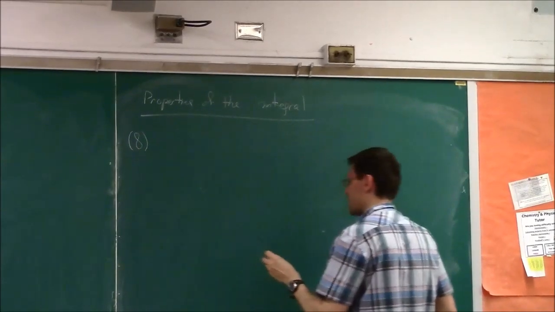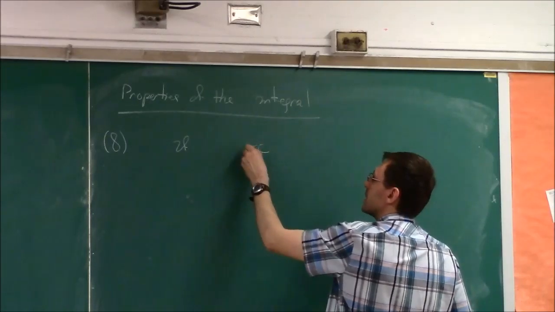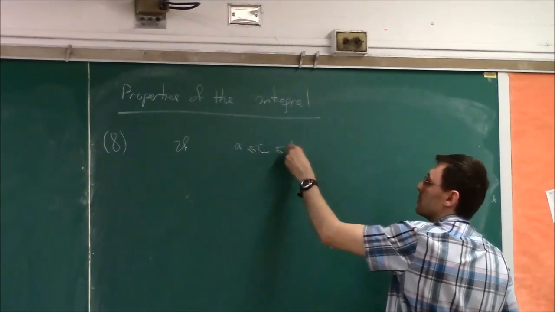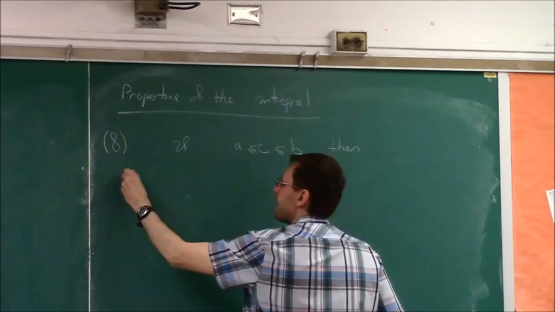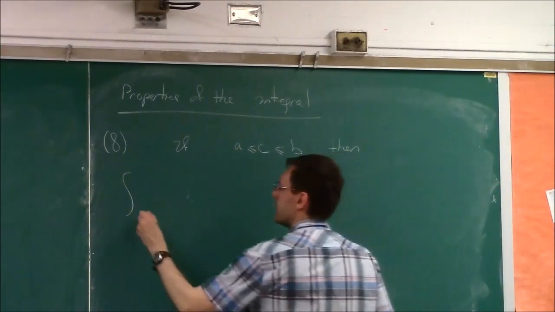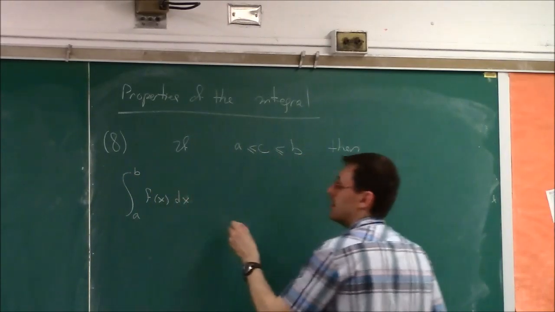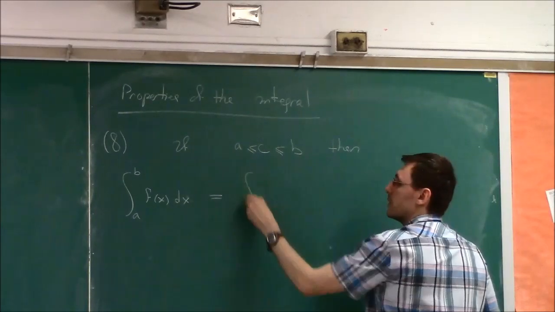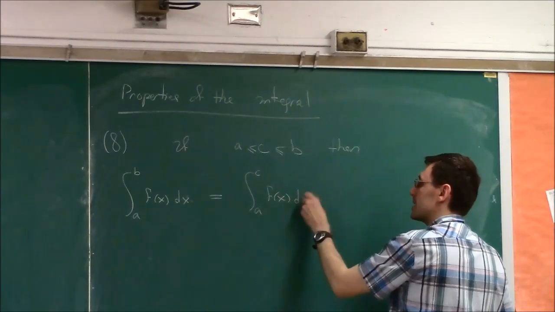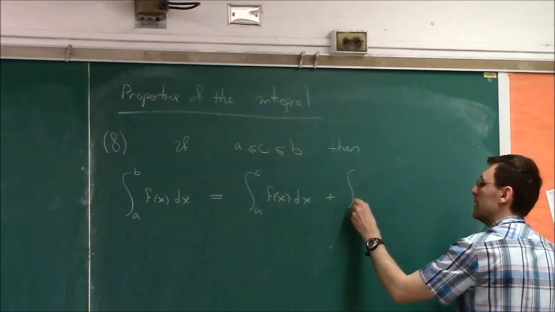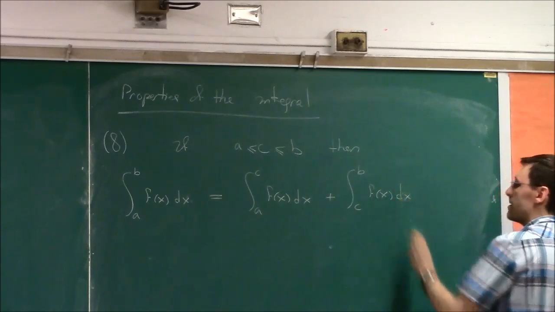Property 8 is that if C is bigger than or equal to A and less than or equal to B, then the integral from a to b of f of x dx is equal to the integral from a to c of f of x dx plus the integral from c to b of f of x dx.